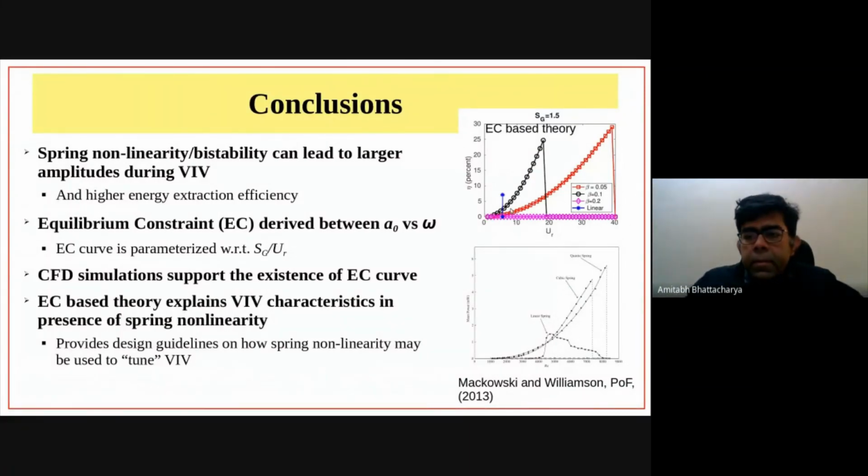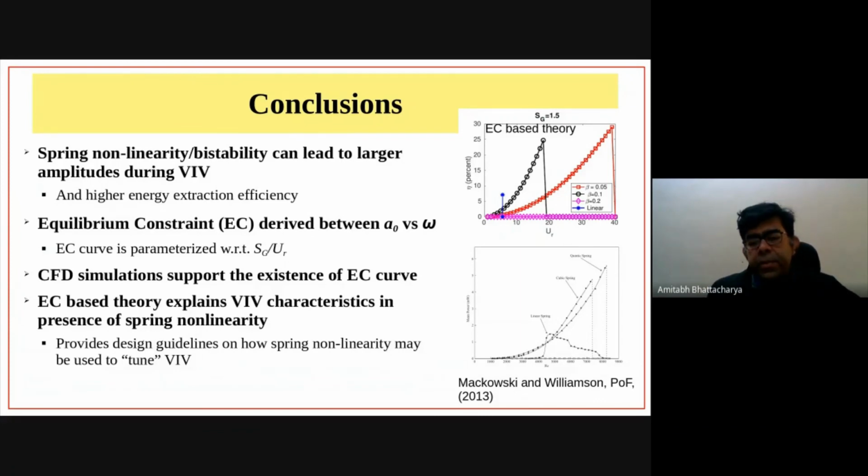But basically, what we observe is that when you have spring nonlinearity, there is a larger range of reduced velocity over which you get high amplitude oscillations.